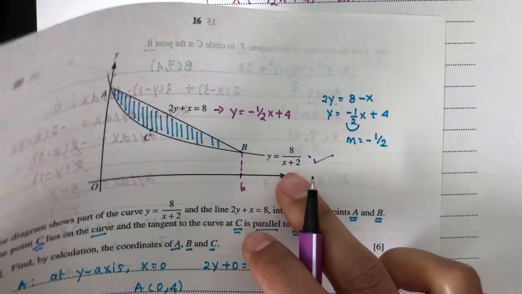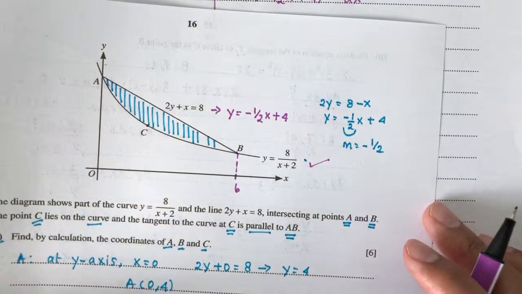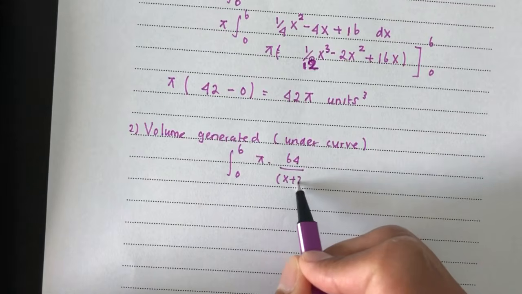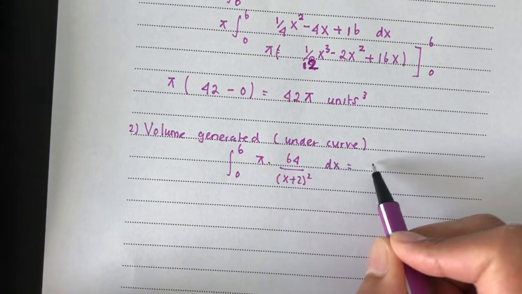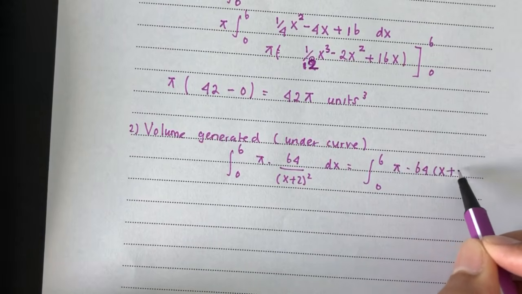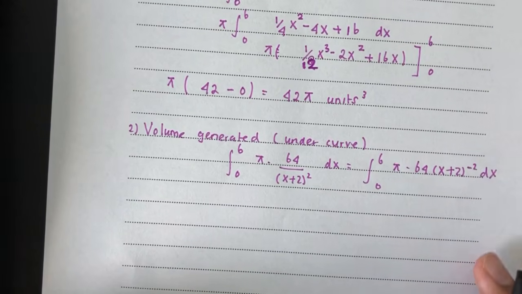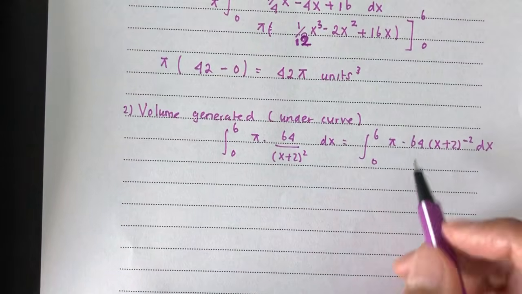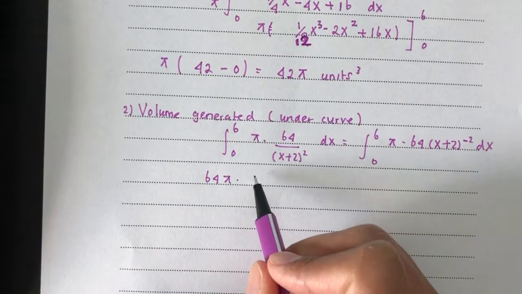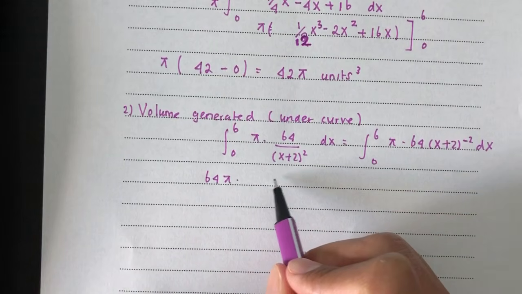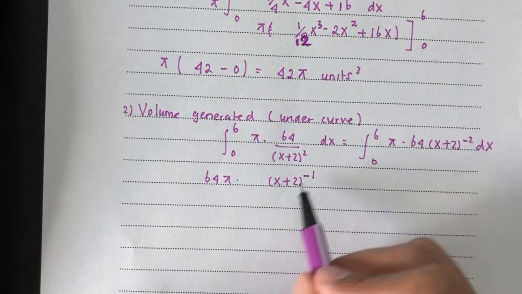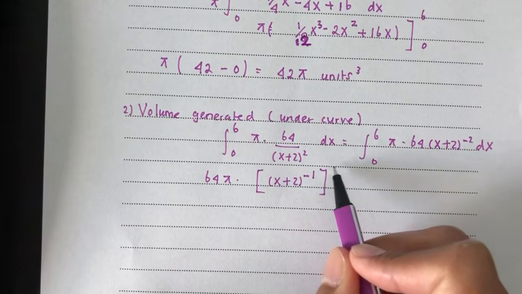The equation of the curve is this, so y squared will be 64 over x plus 2 squared dx, which is the same as 64 pi times x plus 2 to the power of minus 2 dx. Now if you simplify, you can take out the 64 and pi, and you do plus 1 to the power and divide by that, with the limits between 6 and 0.